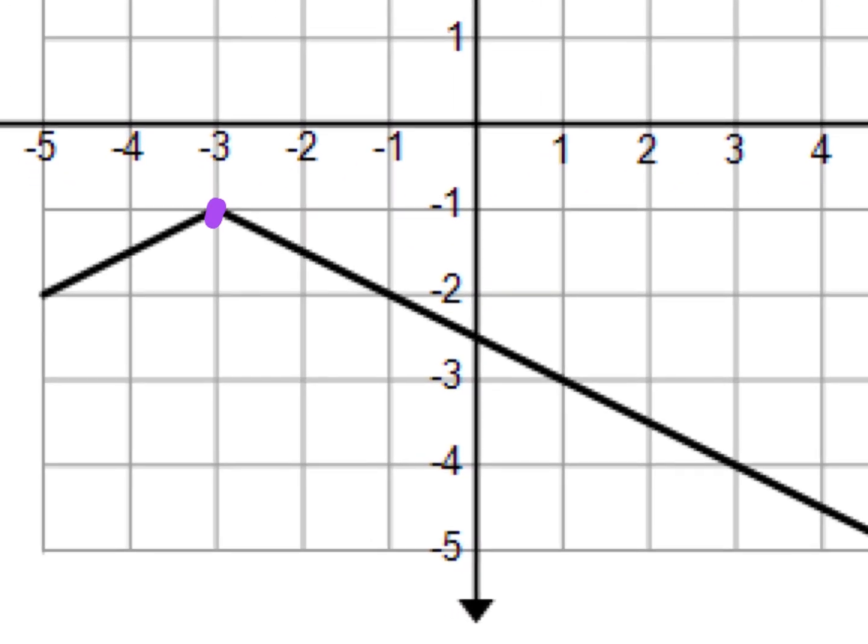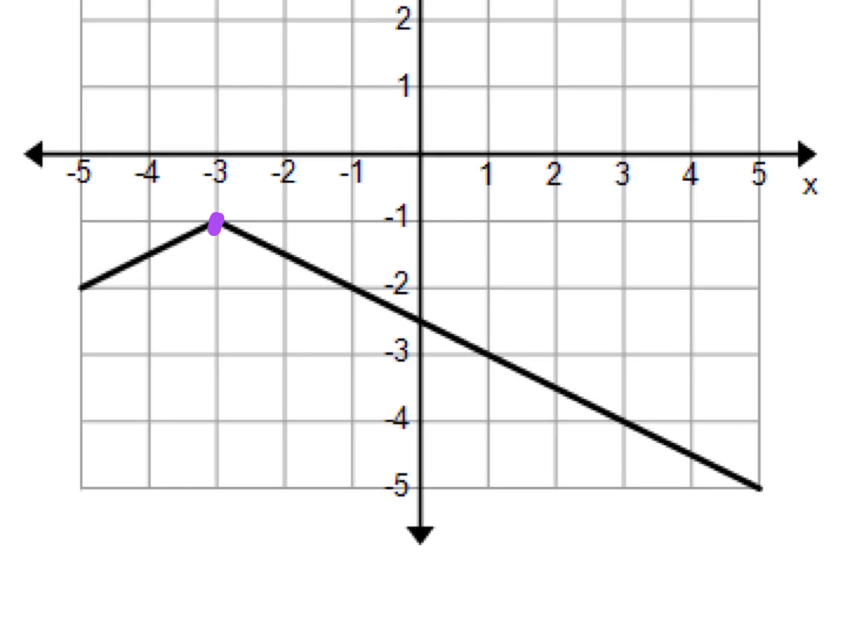Another thing that you have to notice here is the graph is not actually passing through the correct lines in order for it to be recognized as the parent function. Here, if you're going to be looking at this one, it should pass through this line to make it as the parent function. Okay, so did you notice that?